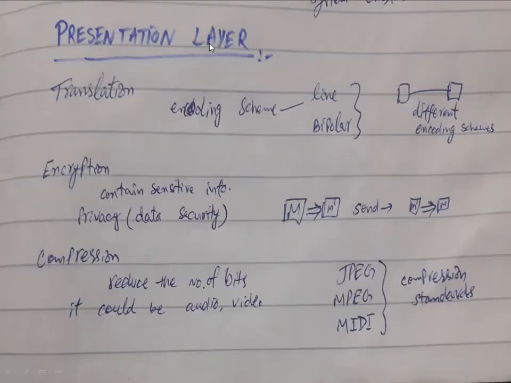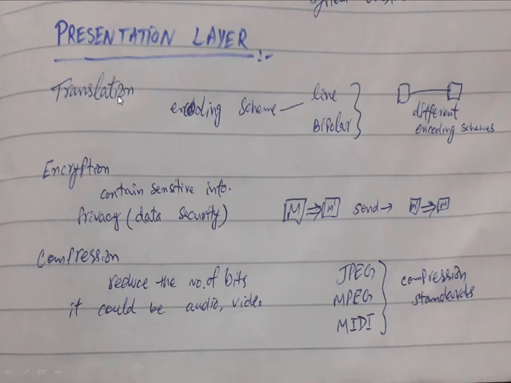Next one is the presentation layer. The presentation layer handles these 3 functions. The first one is translation. Next one is encryption, and compression is also done at the presentation layer.